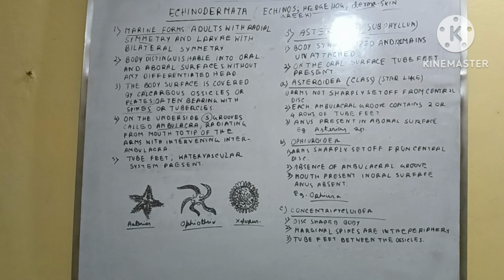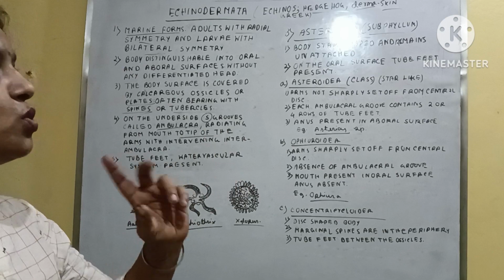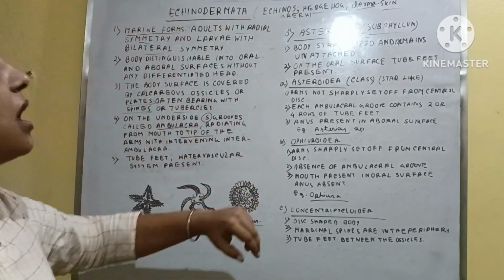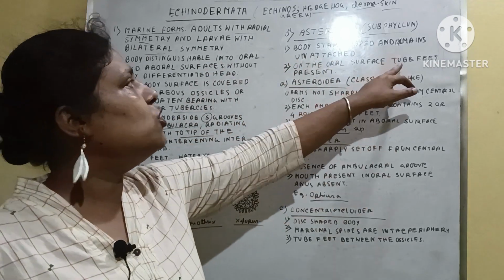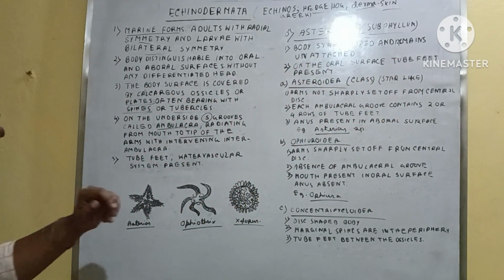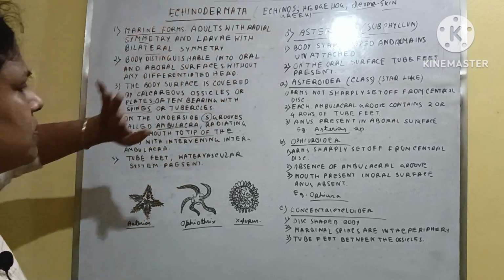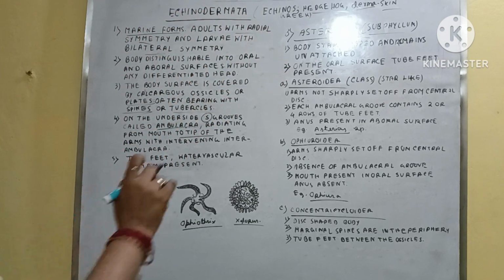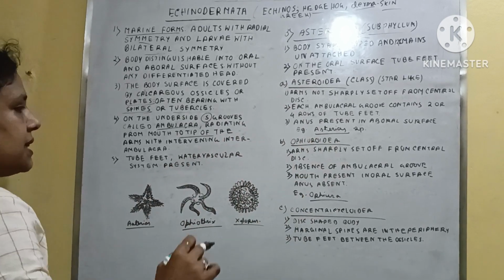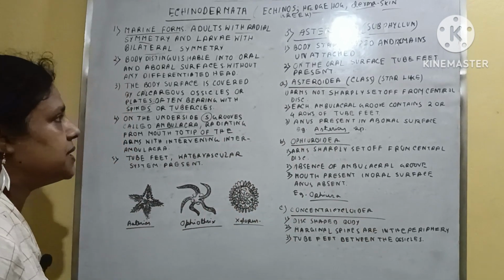We already know that there are two surfaces, oral and aboral. In Asterozoa, on the oral surface the tube feet are present, that is the locomotory organ. Okay. So under this subphylum, the first class is Asteroidea, second class is Ophiuroidea, and third class is Concentricycloidea.